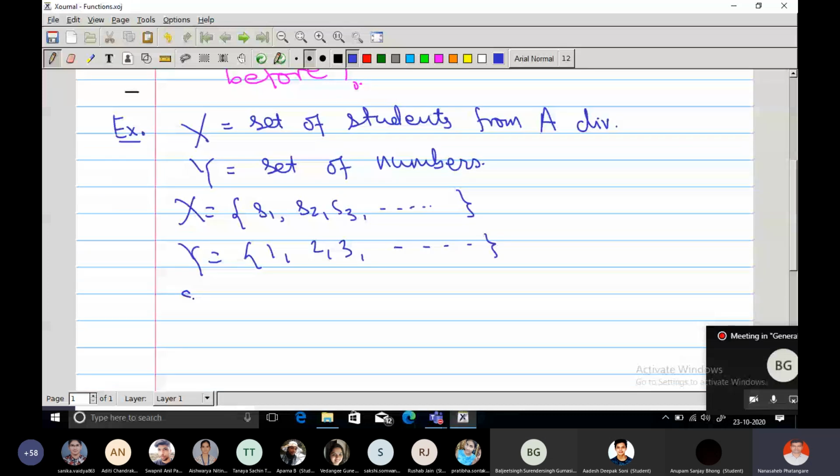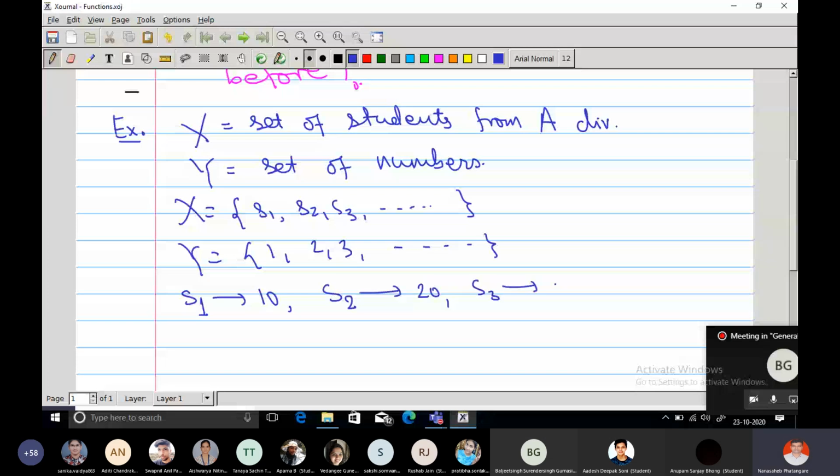These are names of students. S1 is the name of one student, S2 is the name of another student, and to S2 I will assign 20. For S3 I will assign roll number 5.